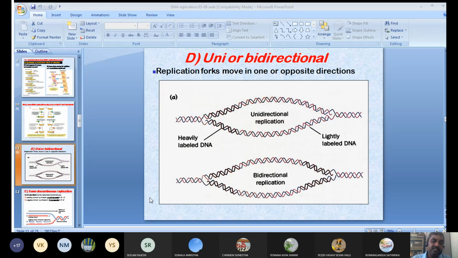So again here the polymerizing end. One DNA strand will continue like this and the other strand will continue like this, so we can call it bidirectional. That means not in the same direction, they are in different directions, one in this direction, one in the other direction. So we see it as bidirectional replication.